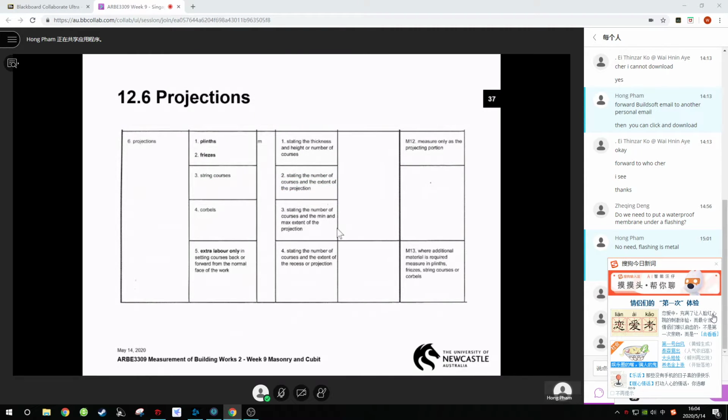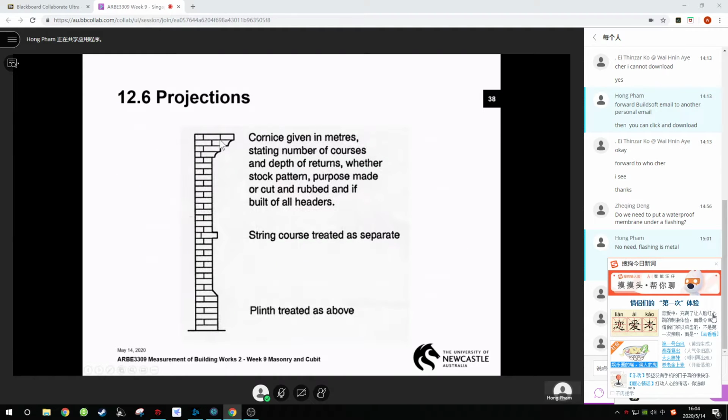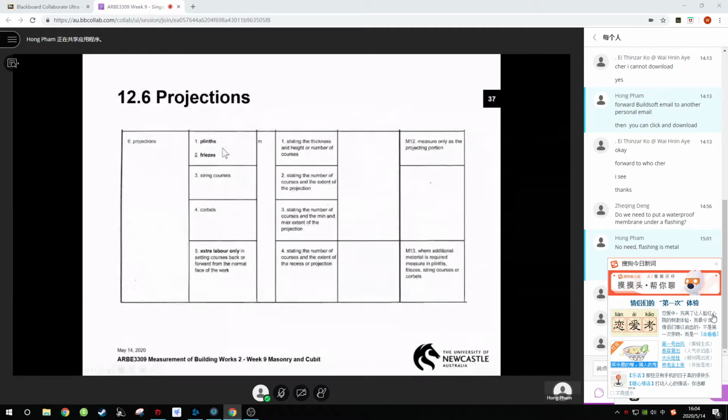Okay, 12.6 are projections. Cornices, string courses, plinth, friezes, corbels, whatever. Anyway, all these projections are measured in meter run, so it depends on where they run.